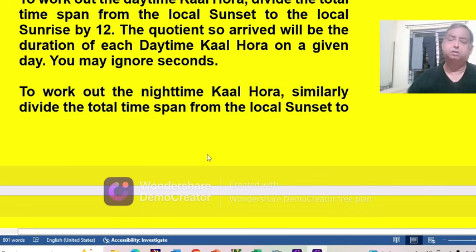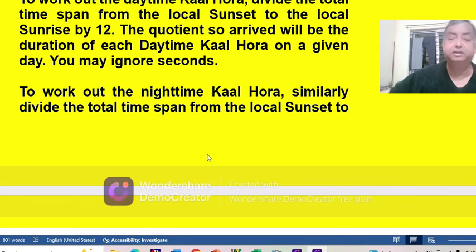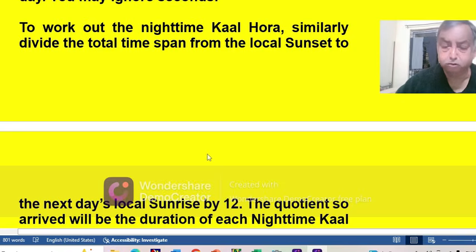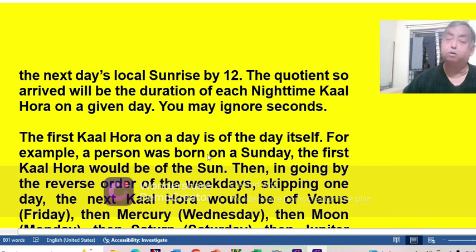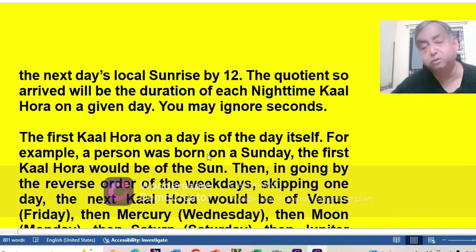To work out the nighttime Kaal Hora, similarly divide the total time span from the local sunset to the next day's local sunrise by 12.